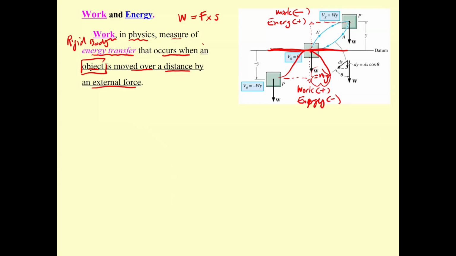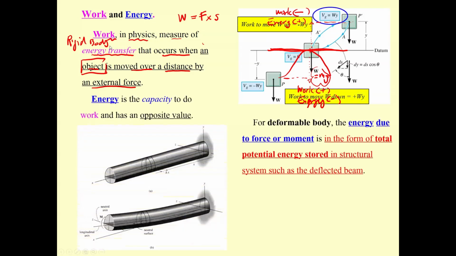Now, we are not very interested in the object which is a rigid body. We're going to be interested in something that's deformable. Thinking about a beam like this one: if there are no forces and moment, it still has the same shape, no change in the shape.